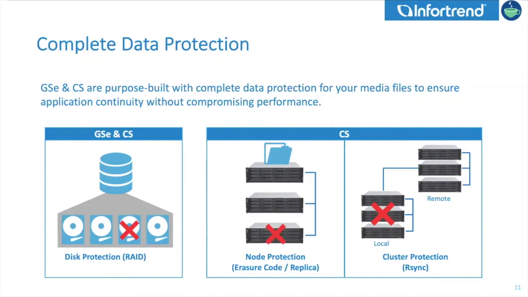And as we'll see in the later slides, with regards to the clustered series, the CS, we also support node protection, via either erasure coding or creating replicas of files, or indeed you can remote sync one cluster to a second cluster.